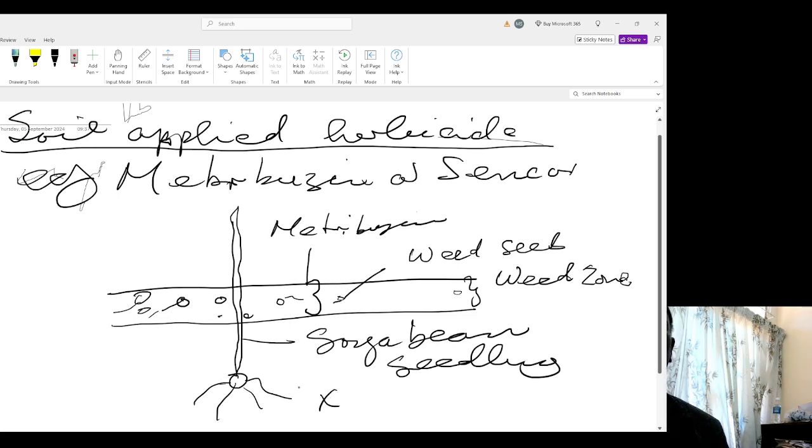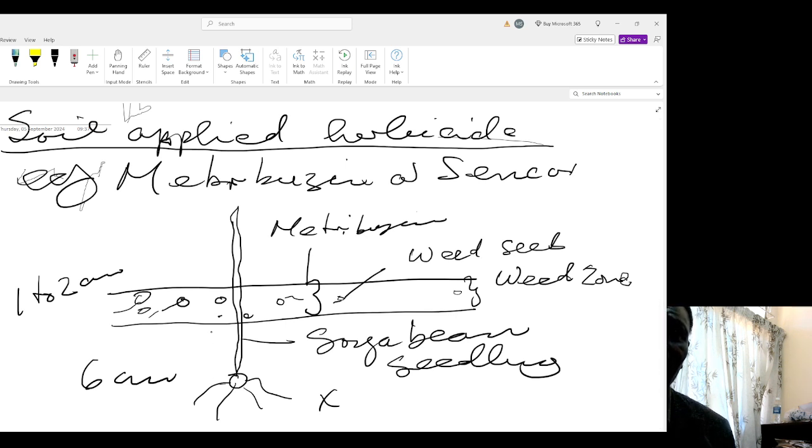So when we apply metribuzin pre-emergence in soybean, the soybean is placed at probably 6 centimeters. The weeds are in the 1 to 2 centimeters. It is because of this position of weed seeds.